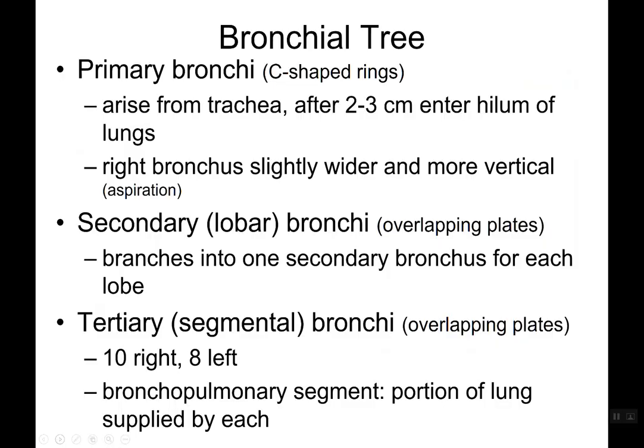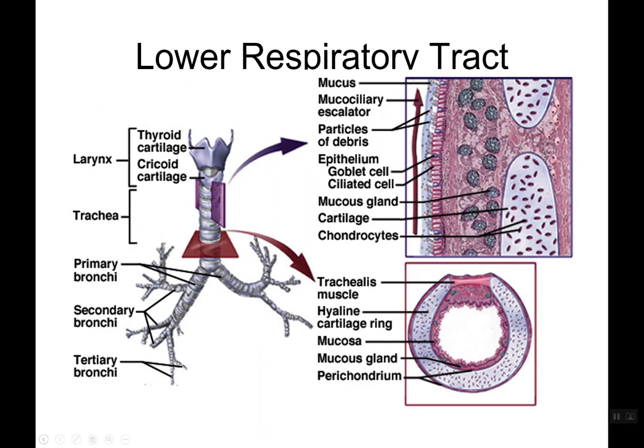So the primary bronchi have C-shaped rings, just like the trachea, and these arise from the trachea after 2 to 3 centimeters. They enter the hilum of the lung. If you look at this, the trachea goes down, splits into the left and right primary bronchi, and then there's actually a little bit of bare bronchus before the lung starts.